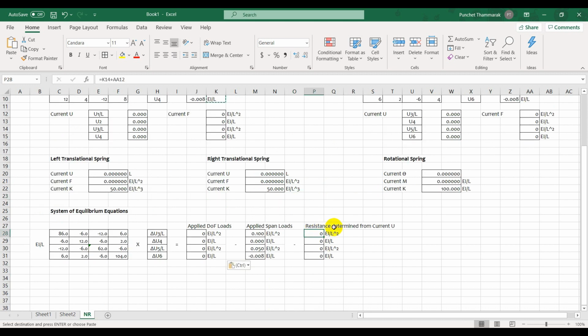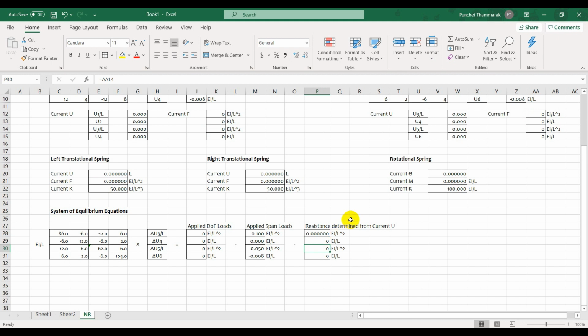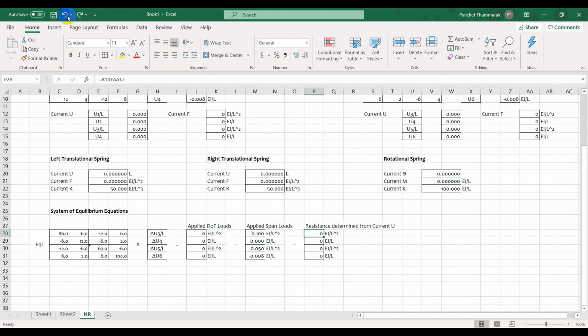At the DOF 3, you also have the translational spring force that pushes up.